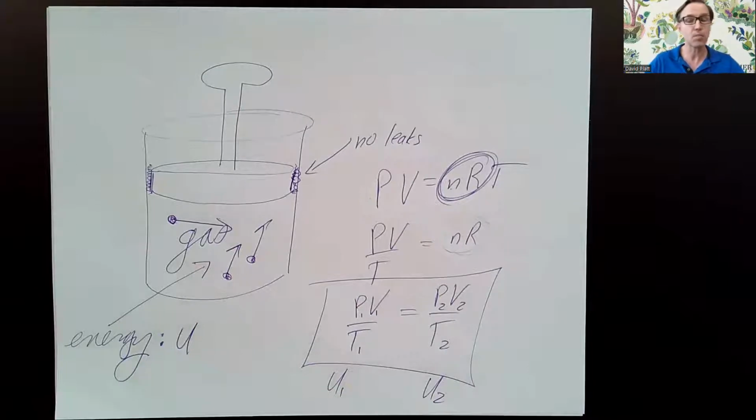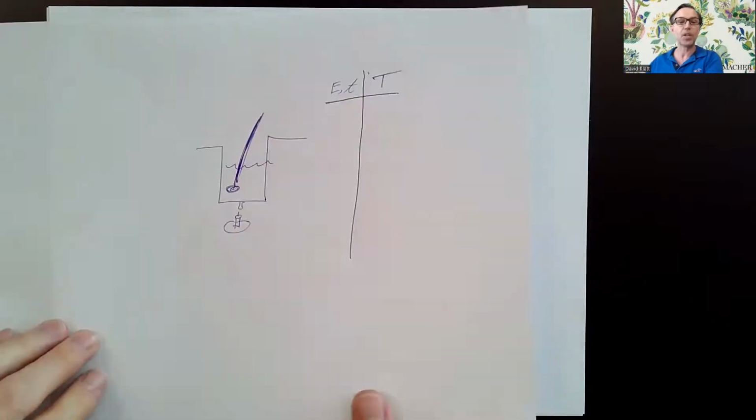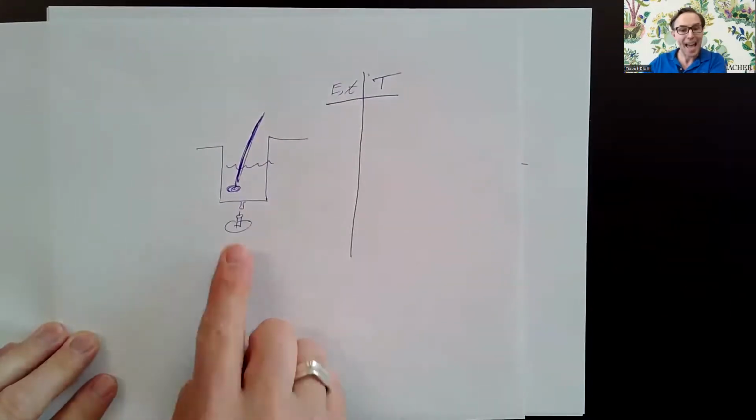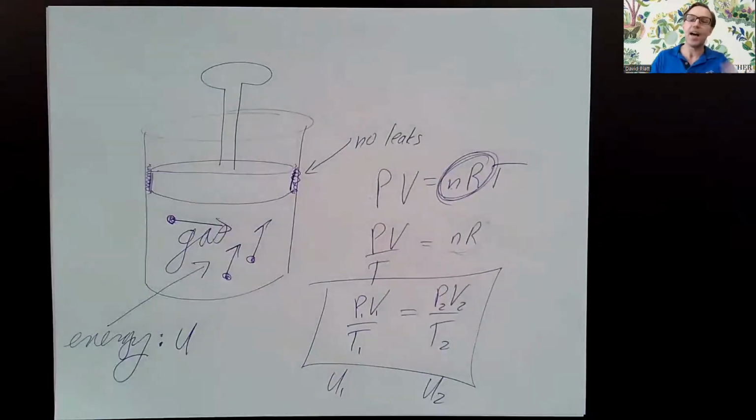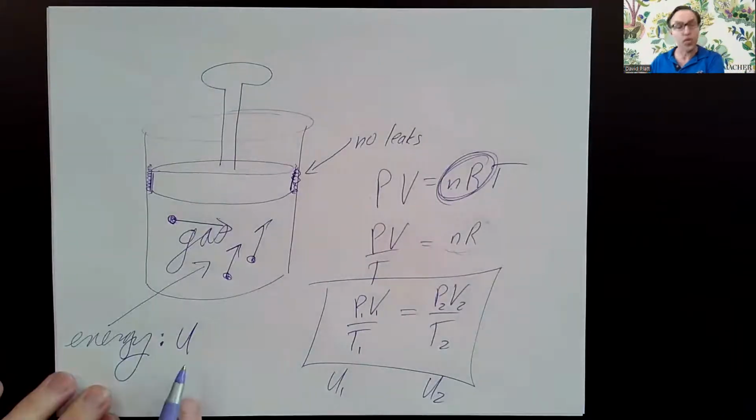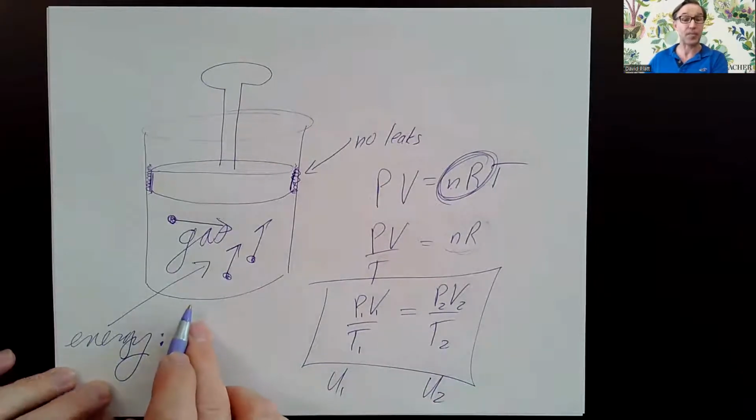Any ideas? Brainstorming? I'm going to tell you there's two ways to get energy in there. Now, one of them we talked about in the previous video. Remember this picture? We could add heat. And so one way of adding energy to the gas, of increasing U, of making U2 more than U1, is to add heat energy.